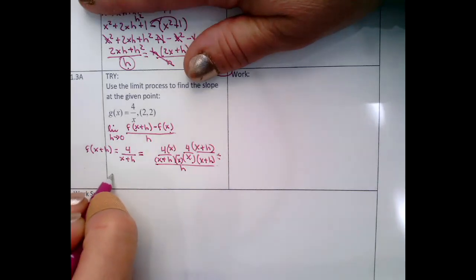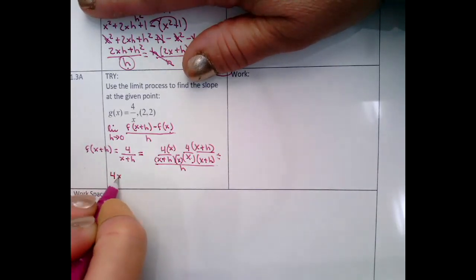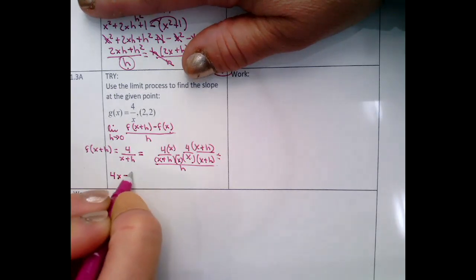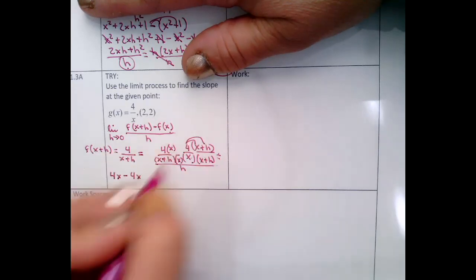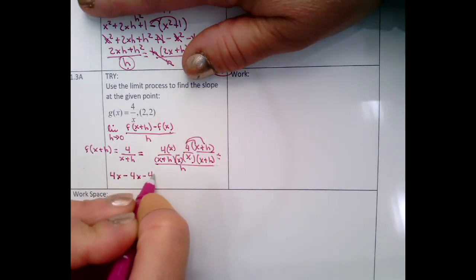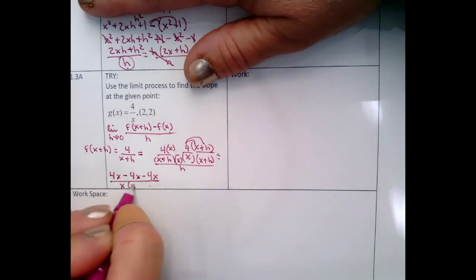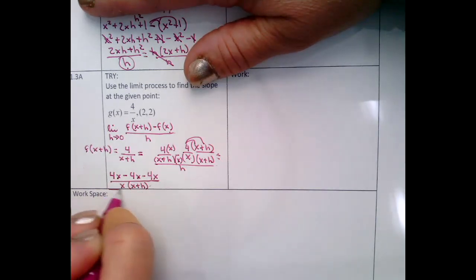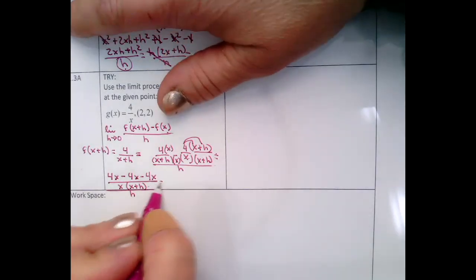All right, so I'm going to get, let's see, 4x minus 4x. And I'm just distributing this minus, 4 minus 4h, all over x times x plus h, all over h. All right, so let's go on ahead.